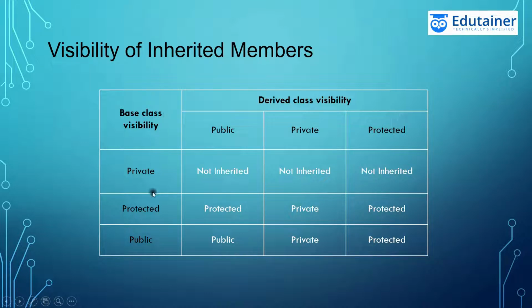If our base class is public and our derived class is public, both will be public. If our parent class is public and our child class is private, it will be private. If the parent class visibility is public and the derived class visibility is protected, the result will be protected. So this is the visibility of the inherited members.